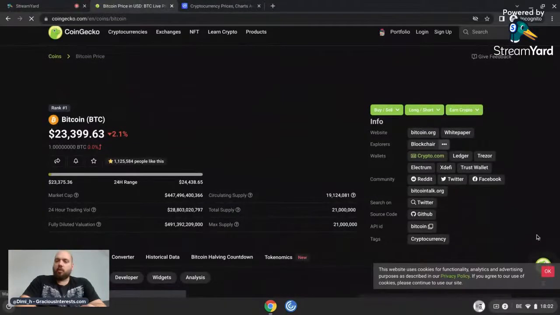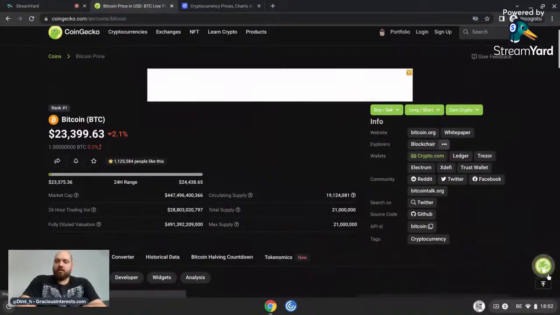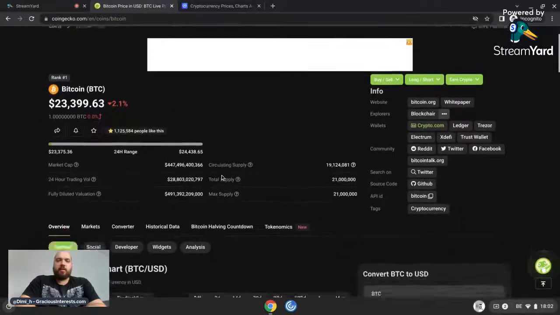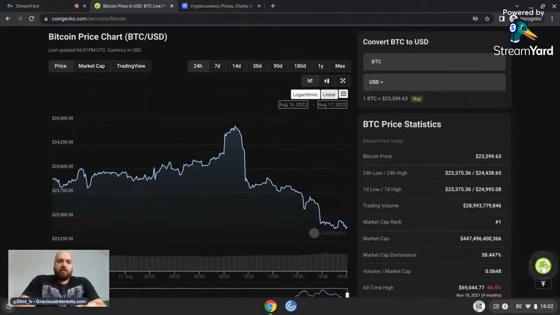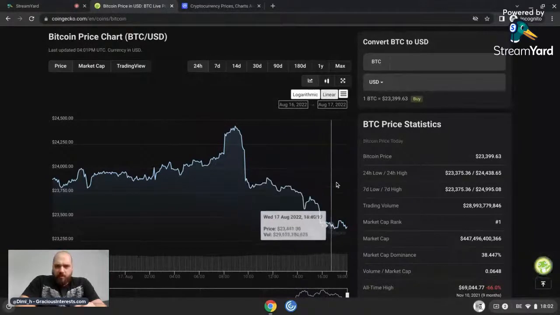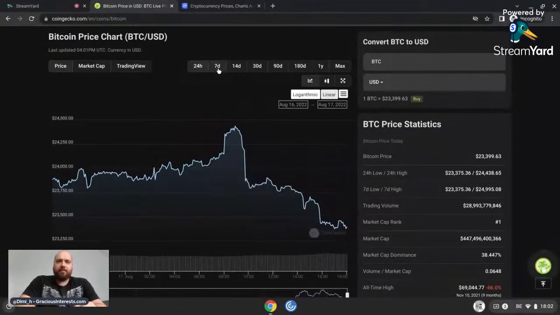For that, I always look at Bitcoin first, by reason it has the highest dominance in the market and it is a trendsetter. So 24-hour trading, as you can see, reached the top, seemingly some rejection, heavy sell-off, and we are heading back towards 23k.